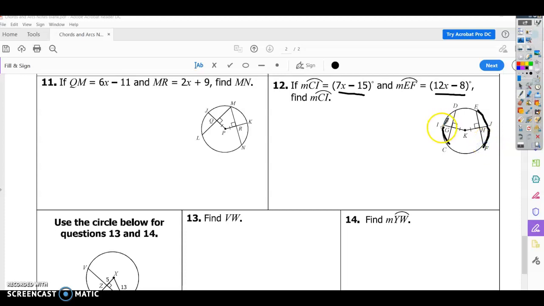We know that this piece is bisected here, so we have to double it to get the whole arc here. So we can't say this equals this, so be careful with this one, because this one just says CI. So twice CI would be CD. So I'm going to have 2 times 7x minus 15 equals EF, which is this whole arc over here.